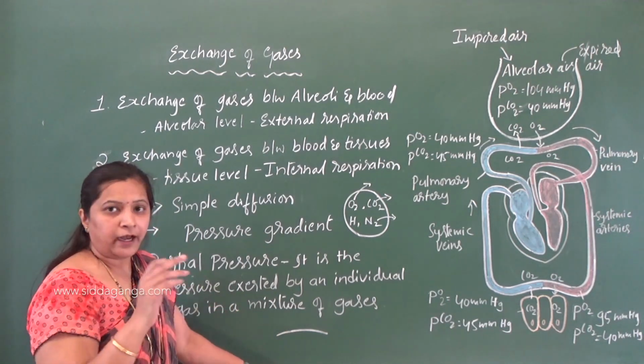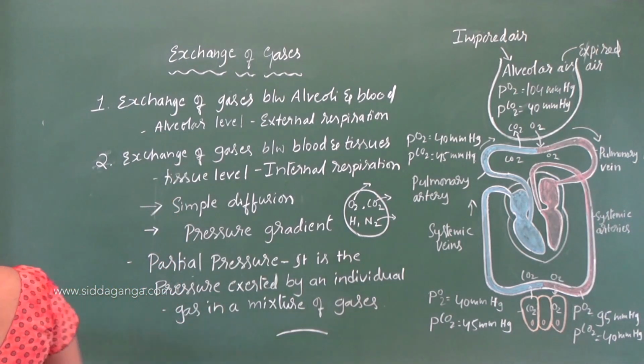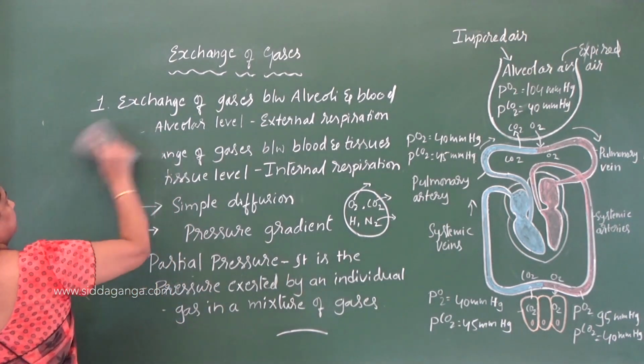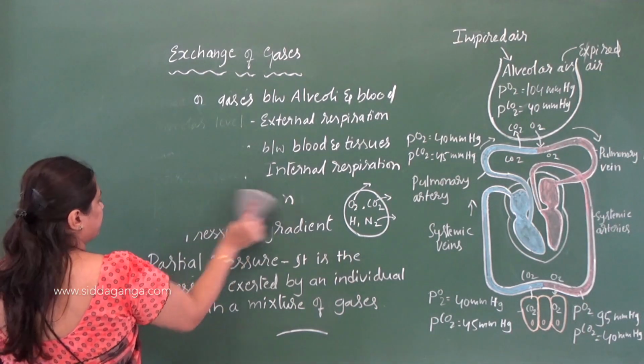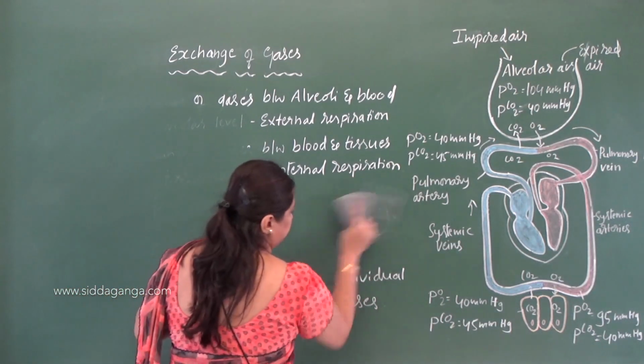Then the rate of diffusion mainly depends upon certain factors. So let us see what are those factors which affect the rate of diffusion.